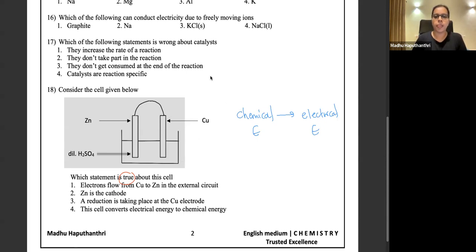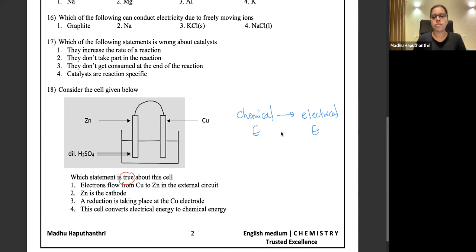Then we'll understand how the electrons are flowing here. Externally, we are not giving electrons. That is what happens in electrolysis. Here, using the reaction, they are circulating electrons. Then we have to understand, out of these two, who can undergo oxidation, zinc or copper.